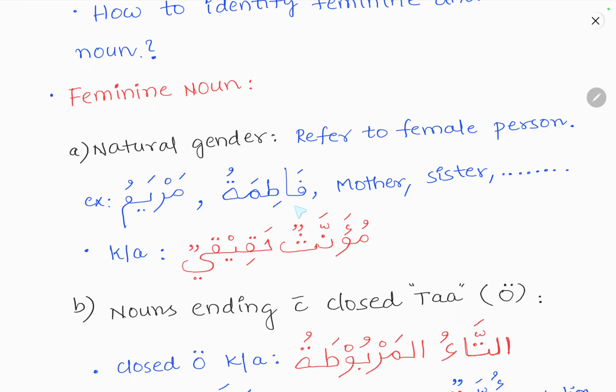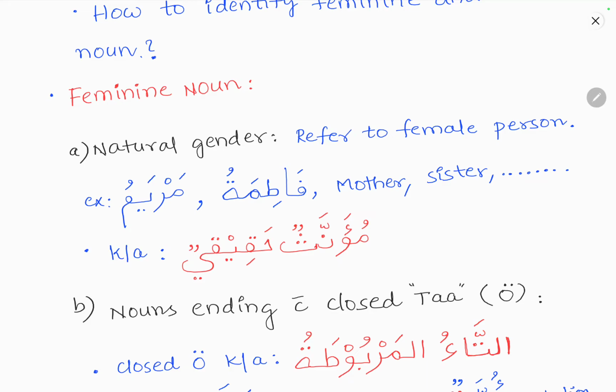By seeing the name itself, we can make out the gender of a person. These are natural genders, and these are known as muannas-e haqiqi.